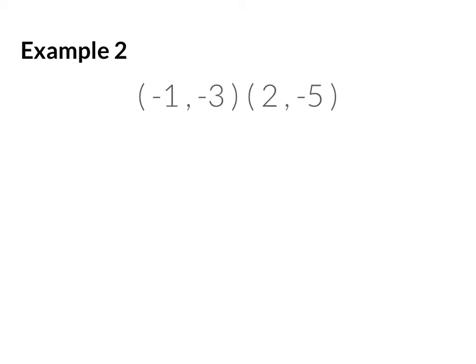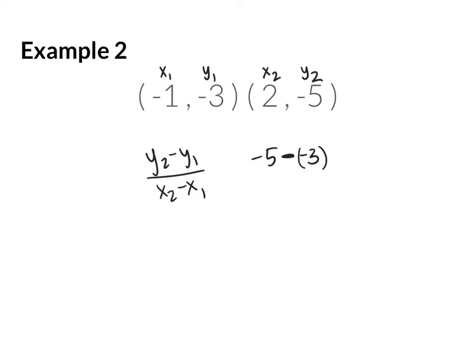For example 2, we're going to use some negatives. It doesn't change our strategy of labeling our points and writing our formula, y2 minus y1 over x2 minus x1. I subtract those numbers after I substitute them in. So for y2, it's -5 minus my y1, which is -3.